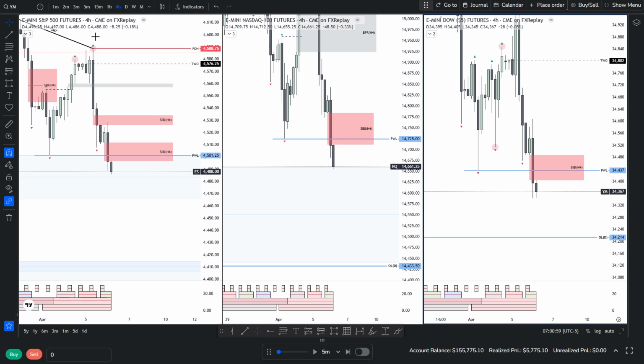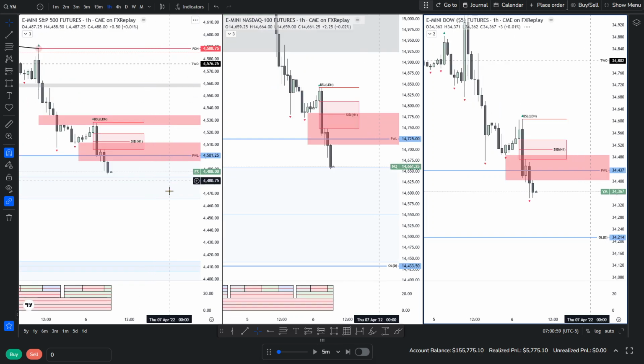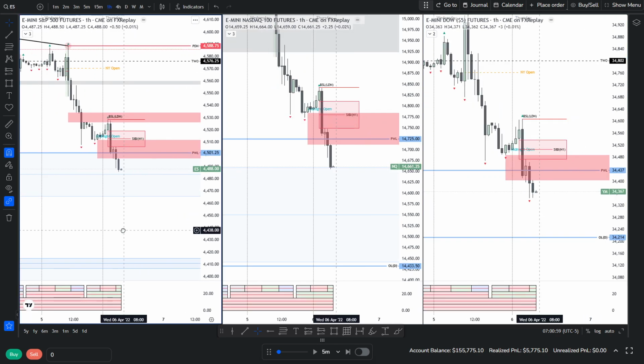But you might find that there's a level of overlap, as you can see. So ultimately it's the same as the low time frame.